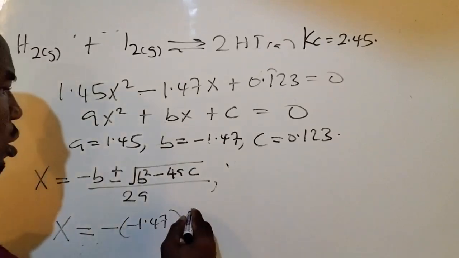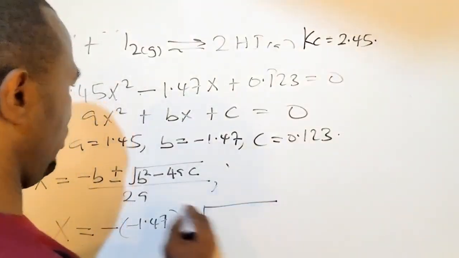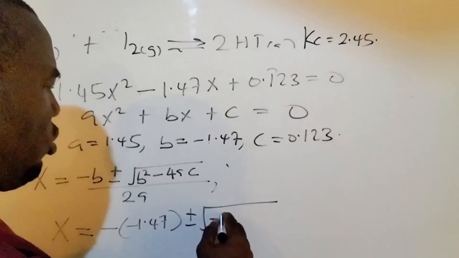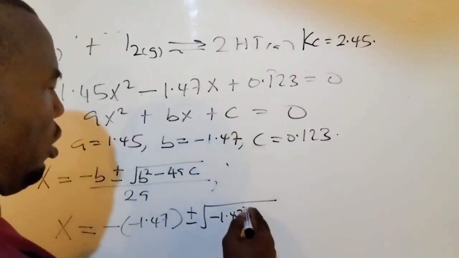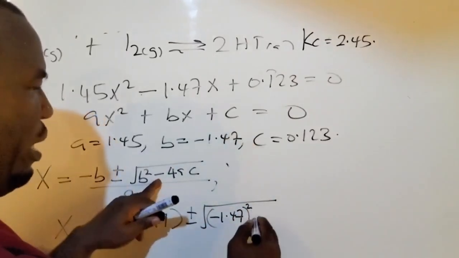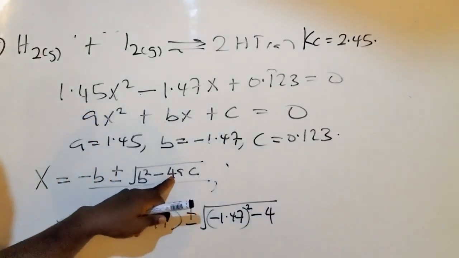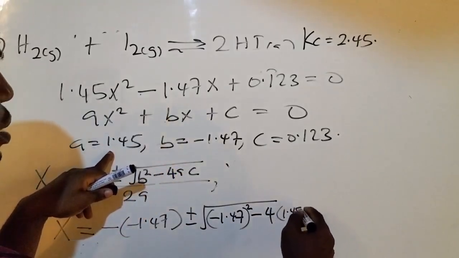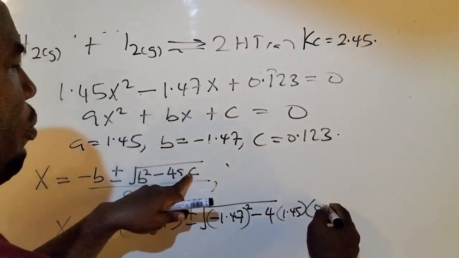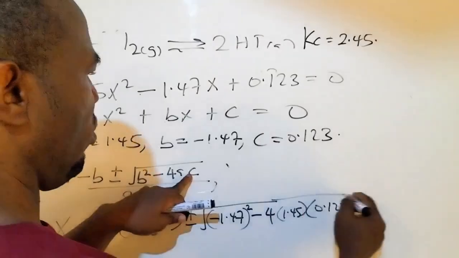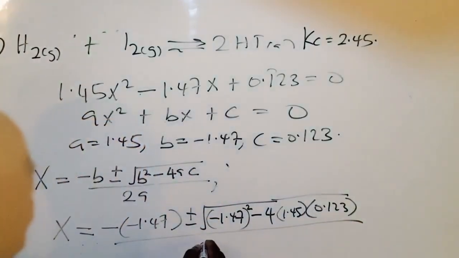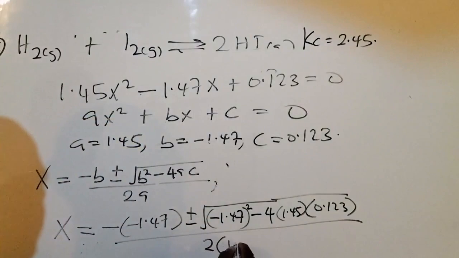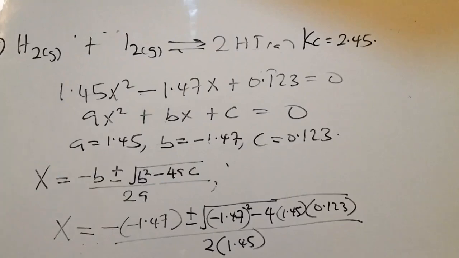Then plus or minus b squared, that is minus 1.47 all squared, then minus 4a, our a is 1.45, times c which is 0.123, over 2a. Our a is also 1.45. So having done that, we can now solve.